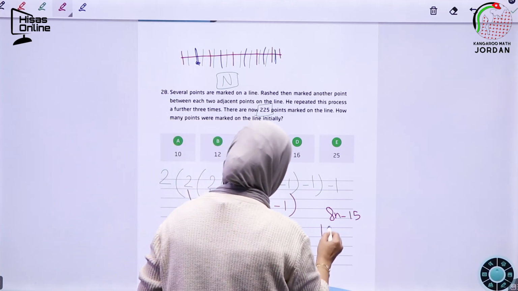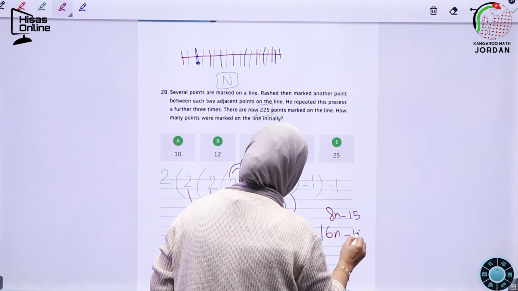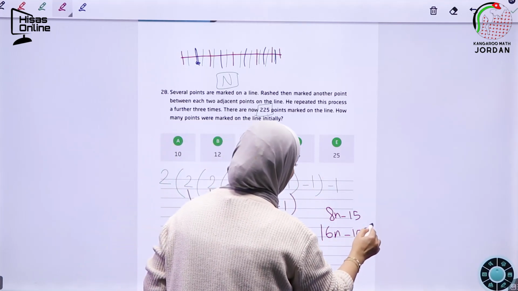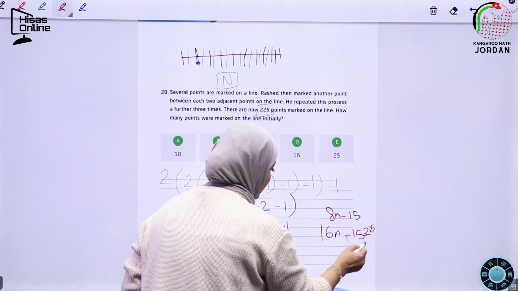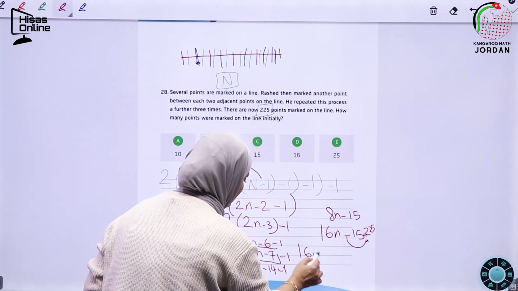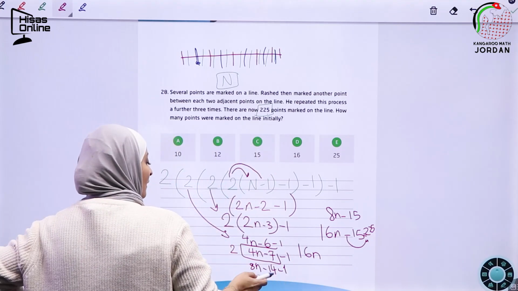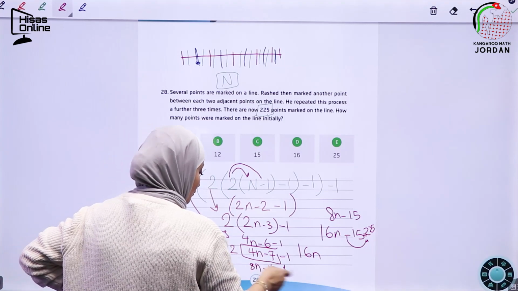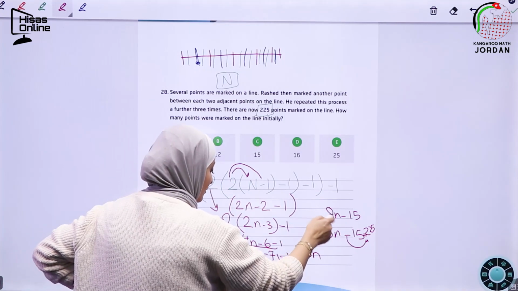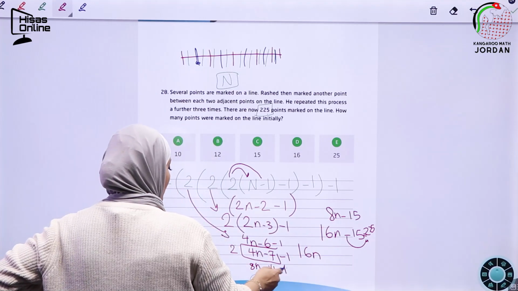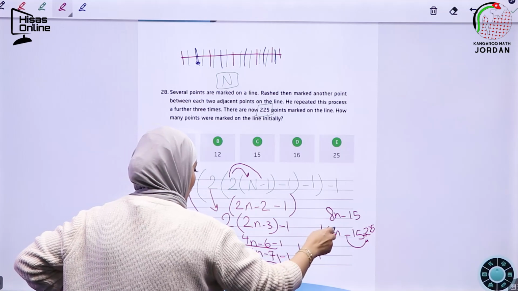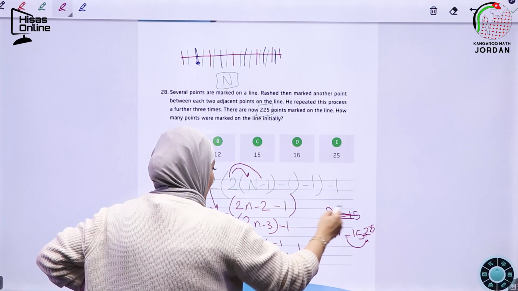And we still have what? Times 2, so it's 16n minus 15 equals 225. So we skip 1 minus 1 here, so it should be 8 here, guys, okay?